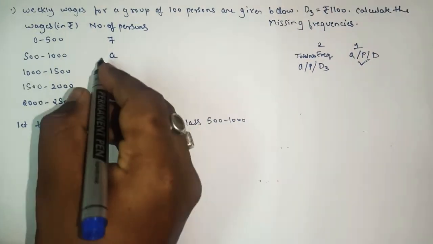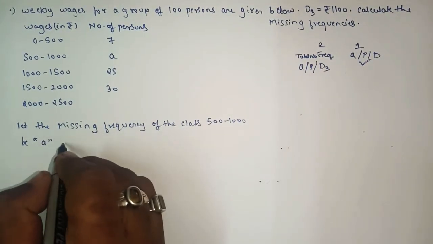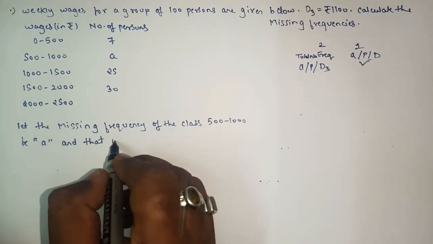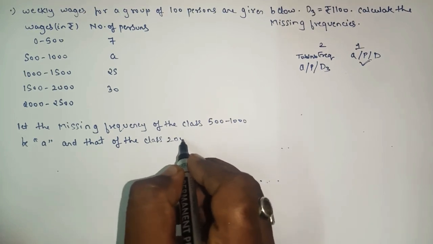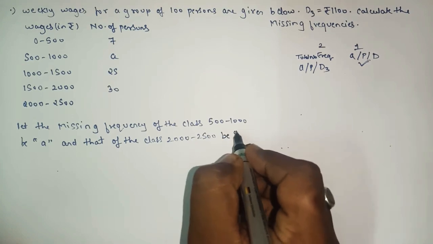And let the missing frequency of the class 2000 to 2500 be B.